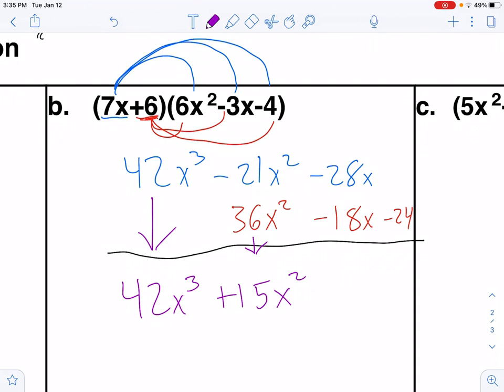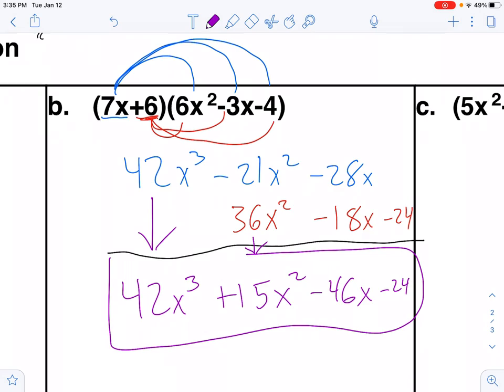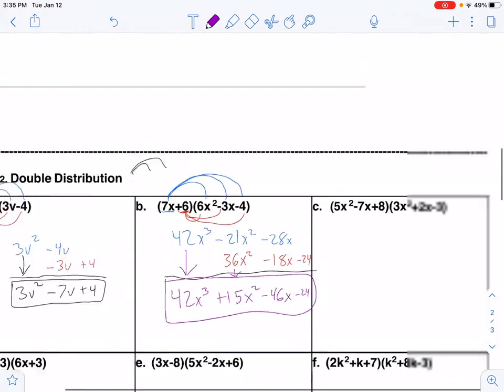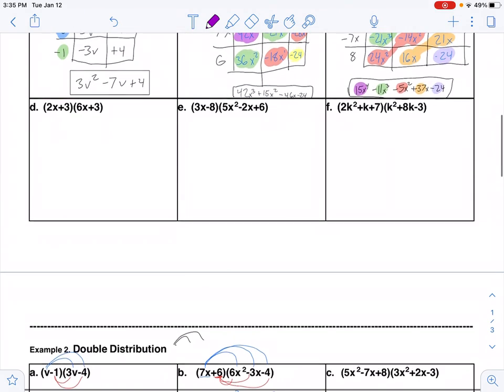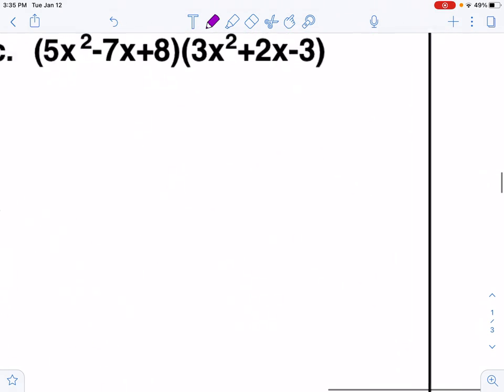And then this one we're adding up, so this is going to give us negative 46x, and then negative 24. And again, we got the same answer. We just organized it different.